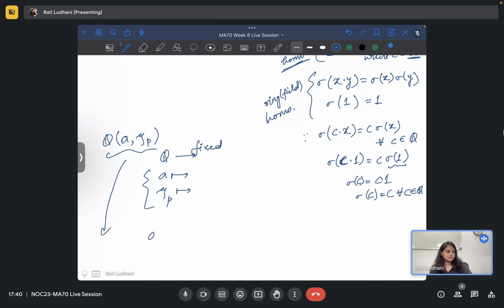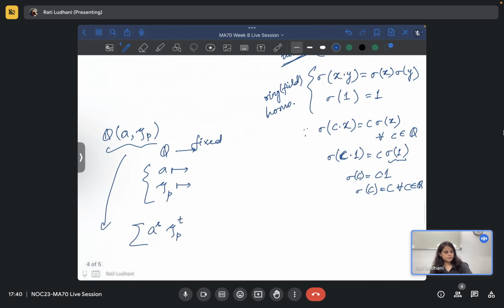This is something of the kind, some linear combination of powers of these elements. For example, it will be a summation of C times a raised to s times zeta P raised to t, where C is some element from Q, and this sum will be a finite sum, and s, t belong to N union 0.